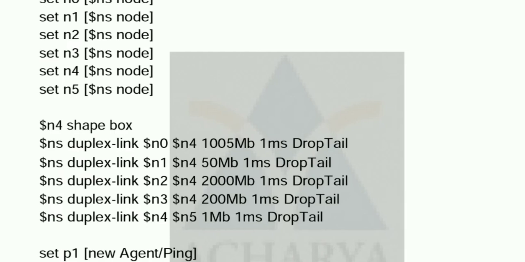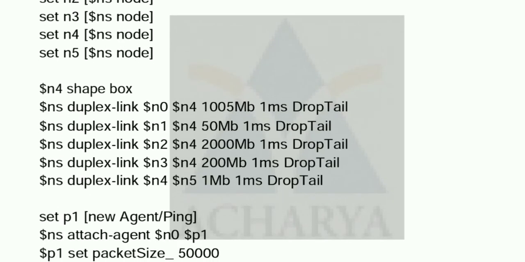I have your ns, the object, and then the type of link, that is duplex, and node 1, node 2, the bandwidth, the delay, and the queue type. The queue type here we have used is DropTail. And students, please be careful with the uppercase and lowercase that you will have to use.